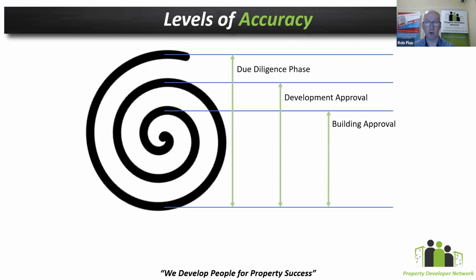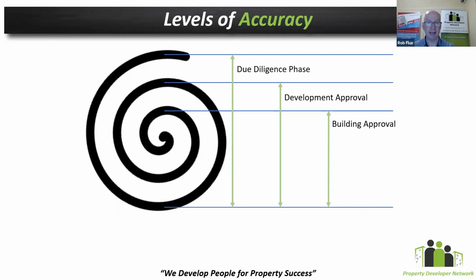Then the next stage would be, well, we go and get our building approval. Now we know all of the engineering level details that we need to worry about as to, are we doing lightweight construction? Are we doing more traditional construction? What sort of fixtures and fittings are we in there for? How deep are the foundations and footings, et cetera, et cetera. And as you see, we get closer and closer into that center of the spiral.